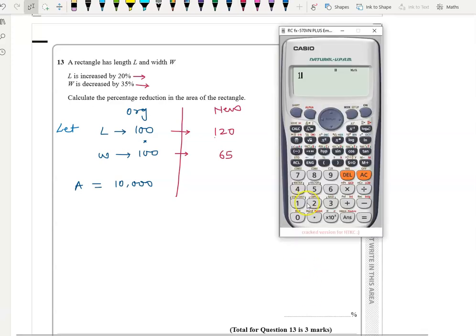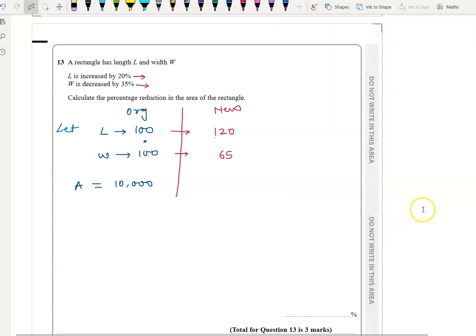Let's work out the new area. It will be 120 times 65, so it becomes 7,800. The initial area was 10,000 and the new area is 7,800. So you can make out that the new area has decreased. When you subtract both, the decrease is by 2,200. The question is to find the percentage reduction.